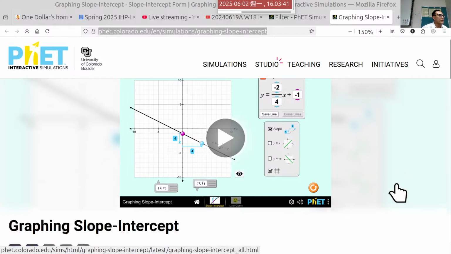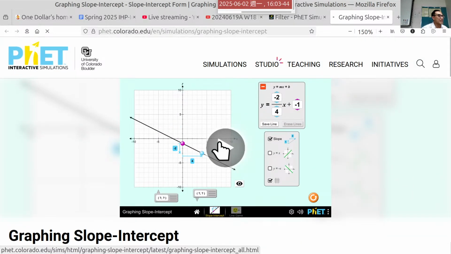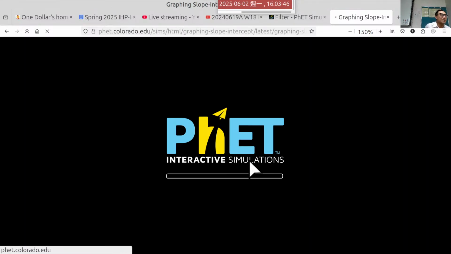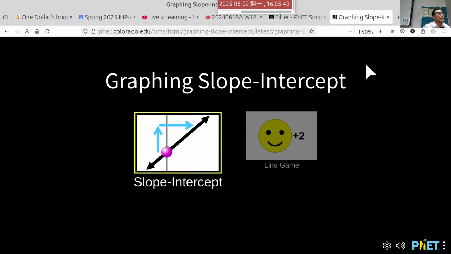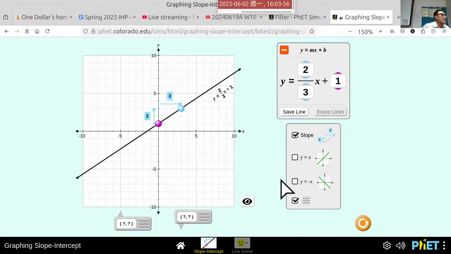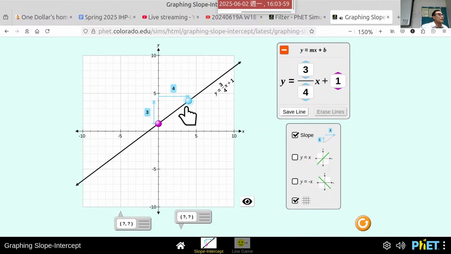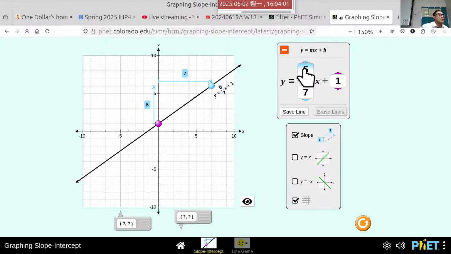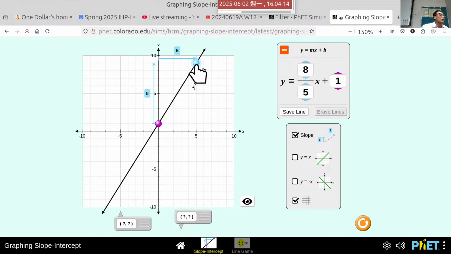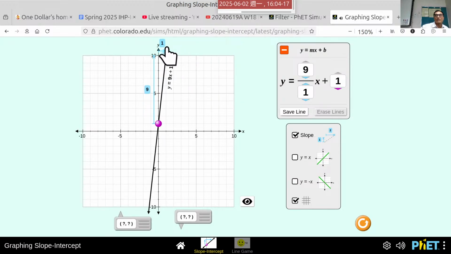And this one, you can use your cell phone to play those games. The topic of this one is graphing slope-intercept. What does it mean? The definition of the slope has the numerator on top. When the denominator is a fixed number, the larger the numerator, the closer the slope is to the vertical direction.